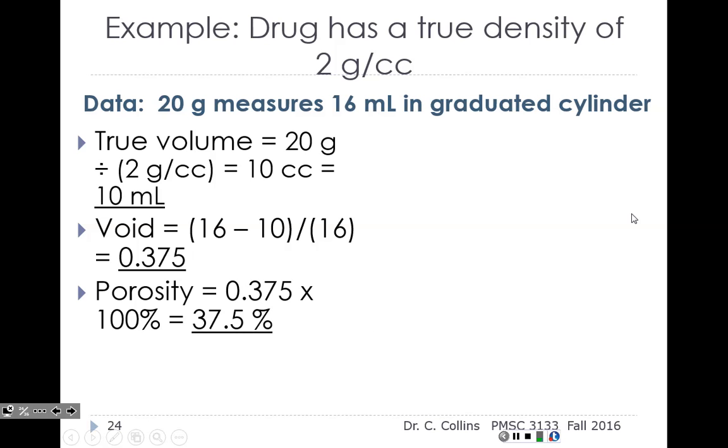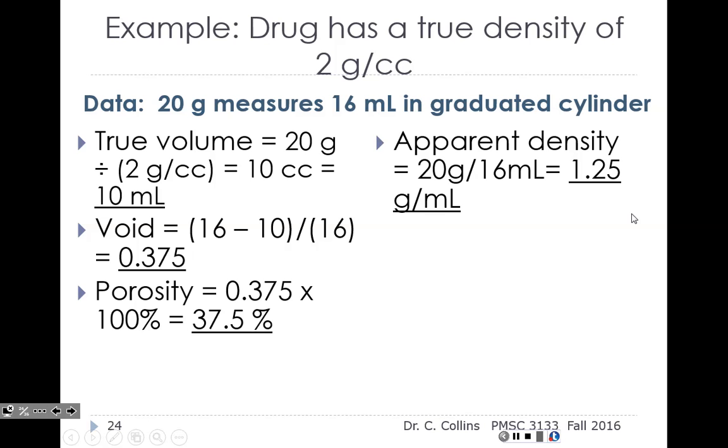So even though this drug has this density, it actually takes up more room than that when it's in its quote-unquote processing form. So its apparent density, instead of being 2 grams per mil, is 1.25 grams per mil because there's 20 grams in 16 mils.